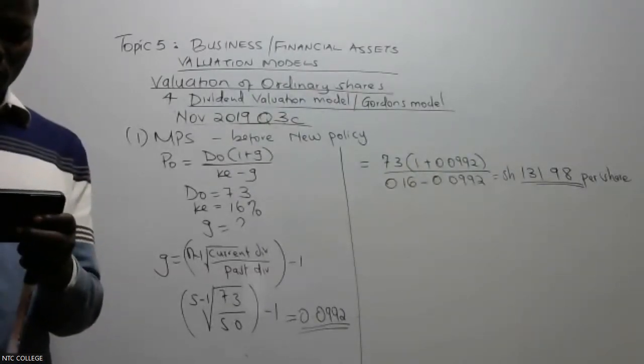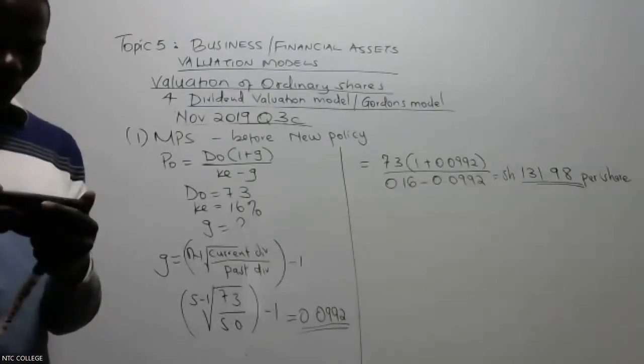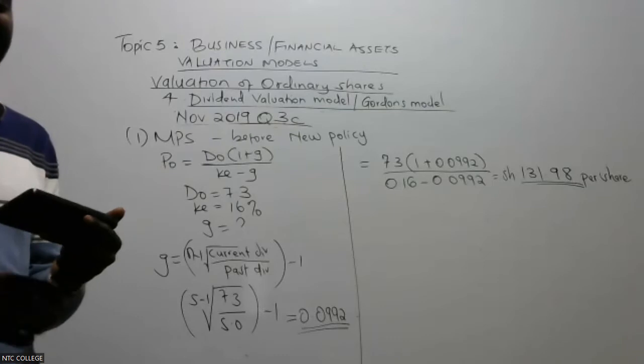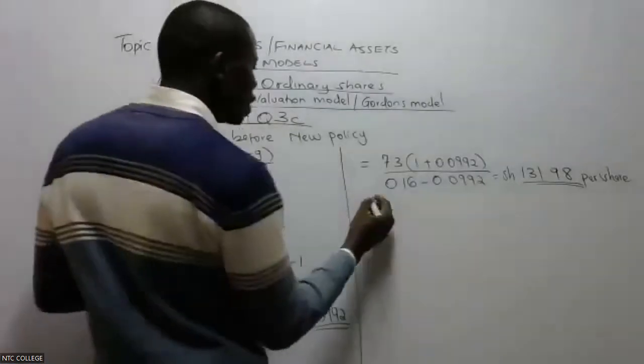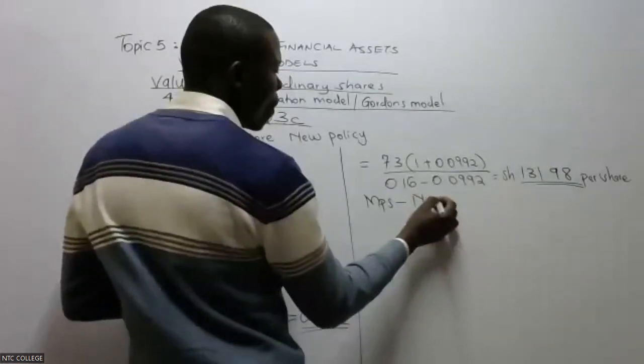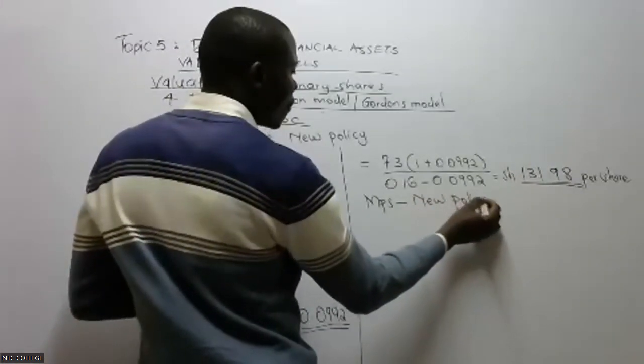Part 2: the market price per share as of 31st December 2018 under the new financing policy. So here we are asked MPS under a new policy, right?